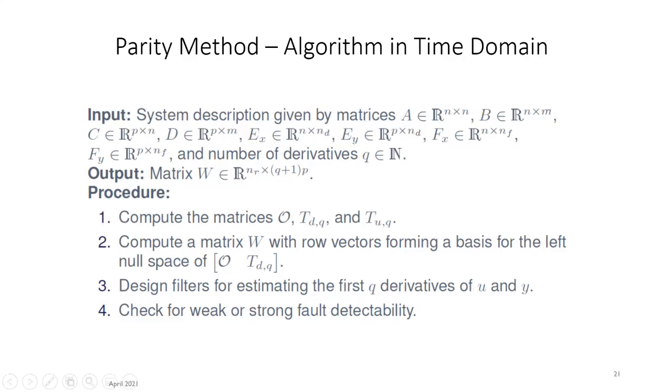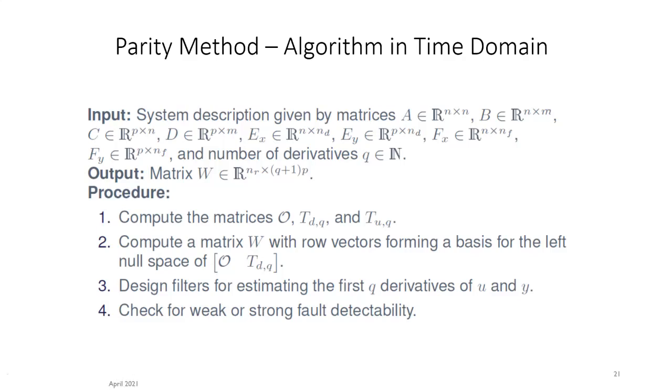And if that is the case, just a first order filter could be enough. Just a simple filter, then differentiating, and then forming the matrices. When we do this algorithm and simulate, or have an example and apply it, we also need to check whether the detectability of the fault is weak or strong.